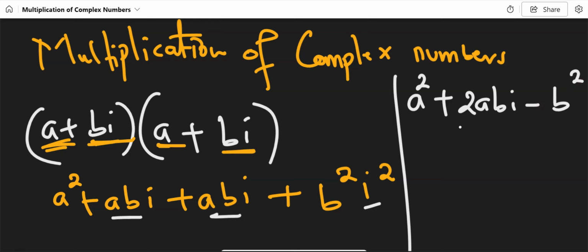So that is the rule in multiplication. We'll do an example. We'll do about 5-6 examples. So let me do an example.